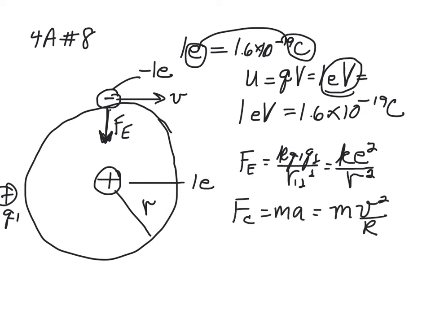But actually, since we're doing this problem to understand the energy, what we want to know is the kinetic energy. And so when you look at this equation, you'll see that mv squared is almost the energy. So let's find out what the kinetic energy is.